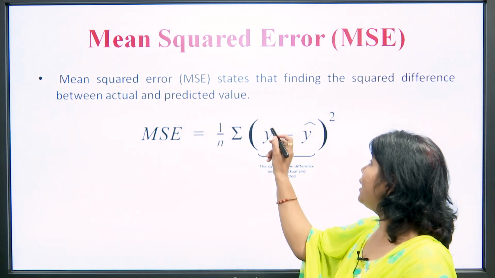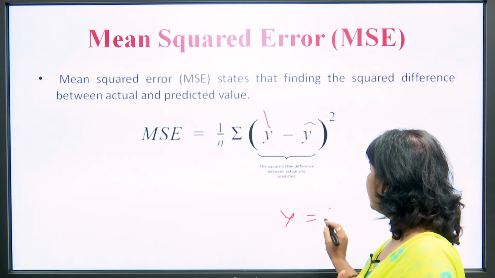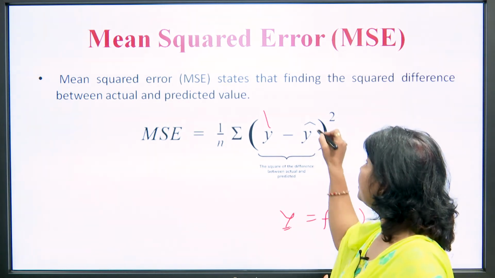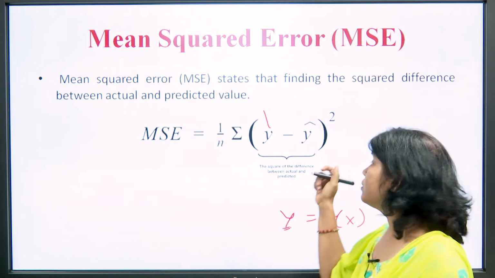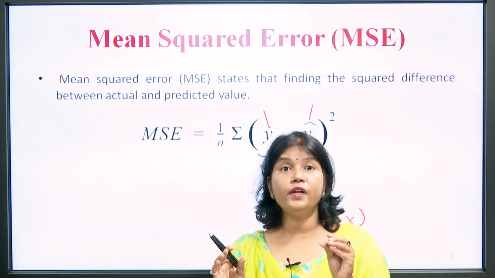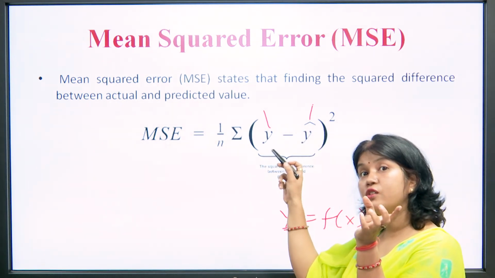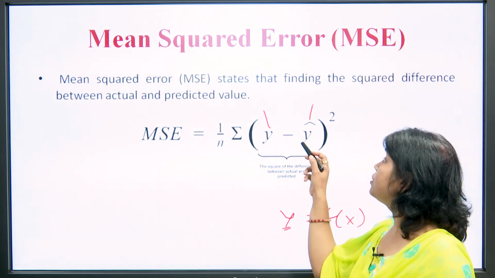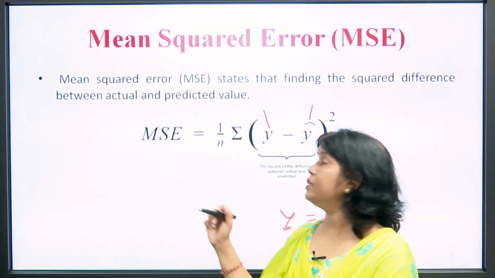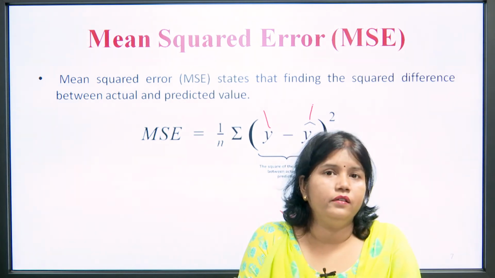Here y is the actual output, where y equals f of x, and y-hat is the predicted output. When you get the differences between the actual output and the predicted output, you square them and divide by the total number of samples, then you find the mean square error, right.